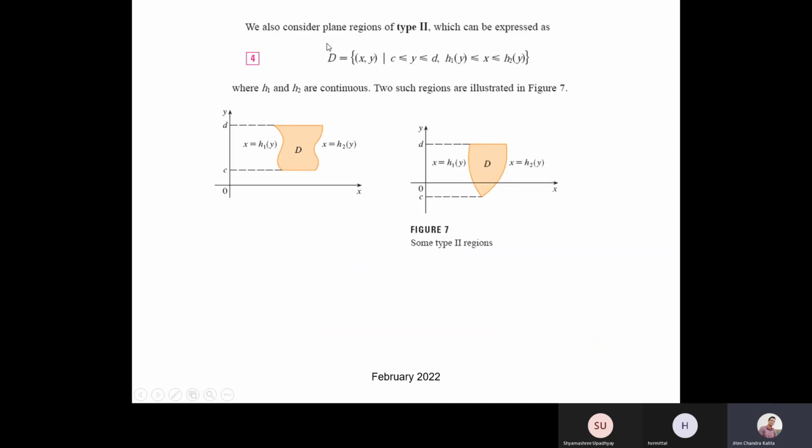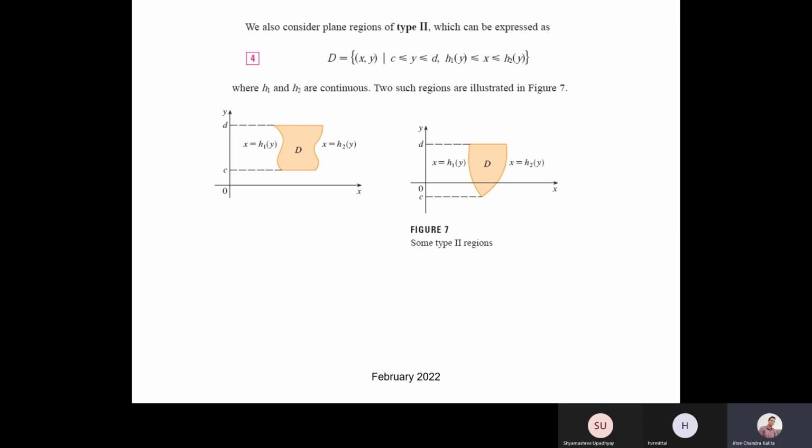Similarly, we can consider regions of type 2, expressed like this. You can see that y lies between c and d, and x lies between two graphs of functions defined in terms of the single variable y. And remember, sometimes you may be able to express a domain as both type 1 and type 2.